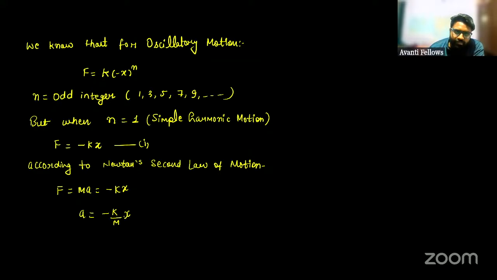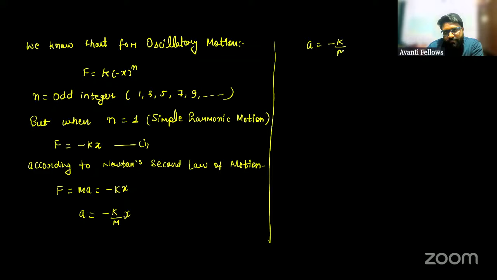Got it? Now this acceleration is equals to minus k by m into x. If I want to calculate in terms of dv by dt, I can write it minus k by m into x. Or further, I can write it as d2x by dt square, because v is nothing but dx by dt, minus k by m into x.